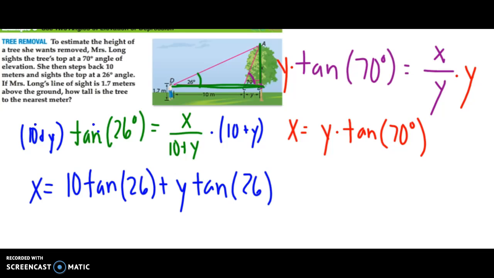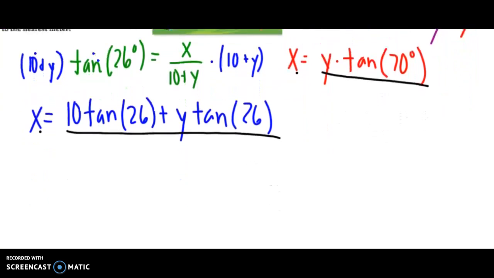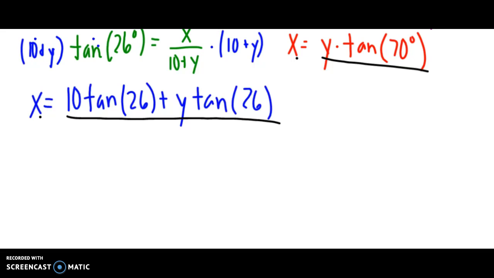So now essentially what I've done is I've found that this x is equal to this, and this x is equal to this. If they're both equal to x, that means they're equal to the same thing, which means they're equal to each other. So we're going to set them equal to each other and solve for y.